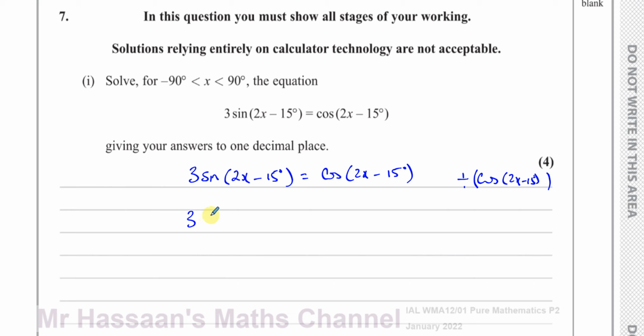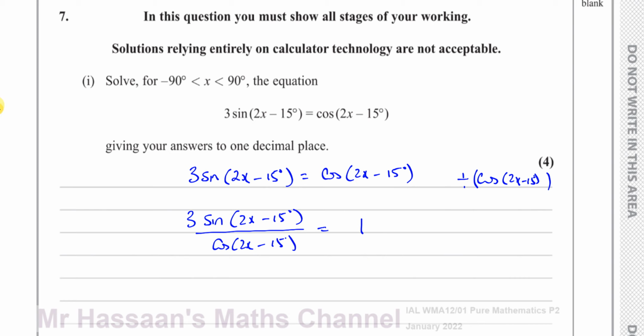You'll have 3 times the sine of 2x minus 15 degrees divided by the cosine of 2x minus 15 degrees, equal to, well, this is going to give you 1, because you divide this by cosine 2x minus 15.